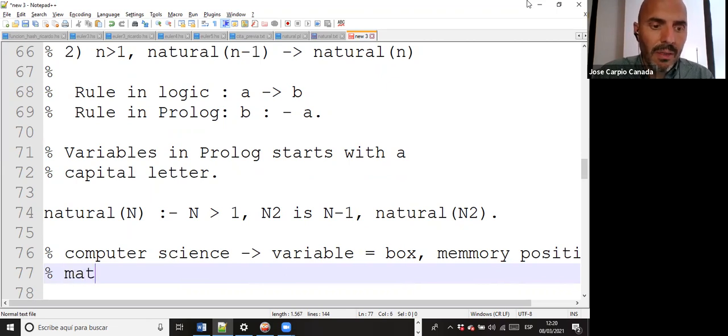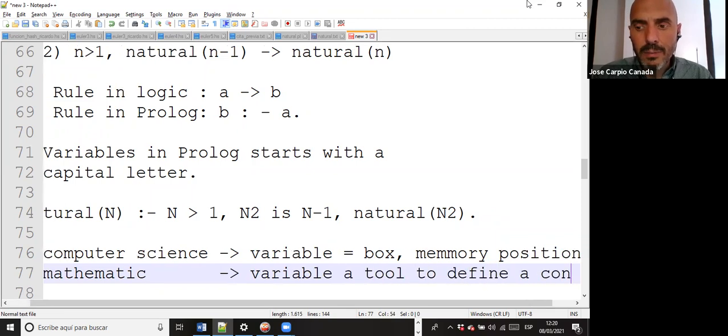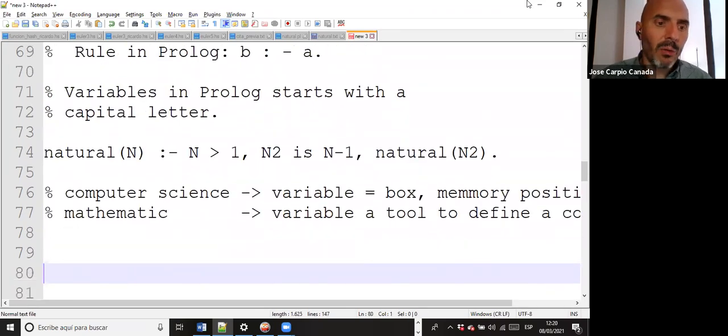In mathematics, a variable is a tool to define a concept. Let me put one example.